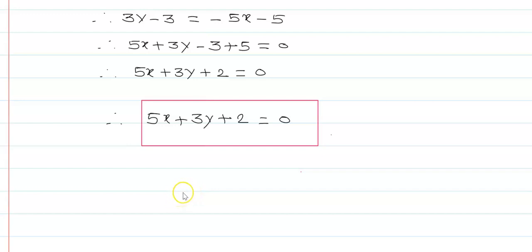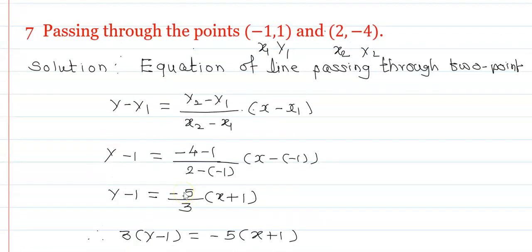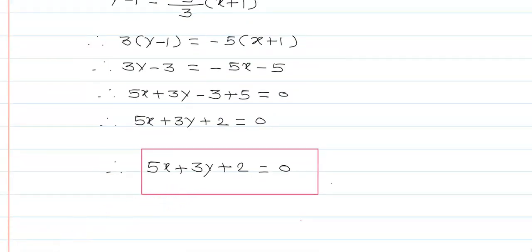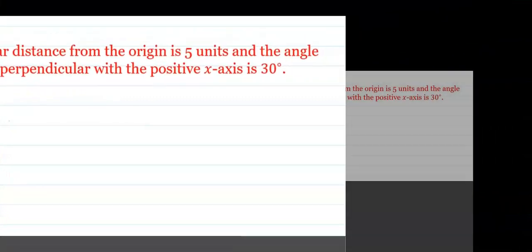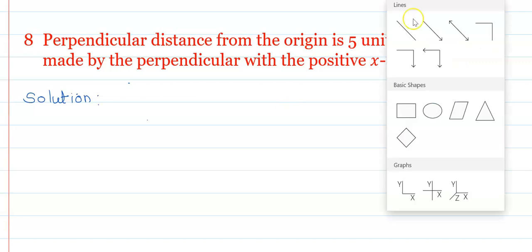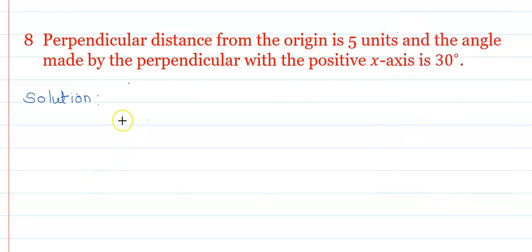Now you can see this. Next problem, question number 8. The perpendicular distance from the origin is 5 units and the angle made by the perpendicular with the positive x-axis is 30 degrees, and this form is nothing but the normal form.